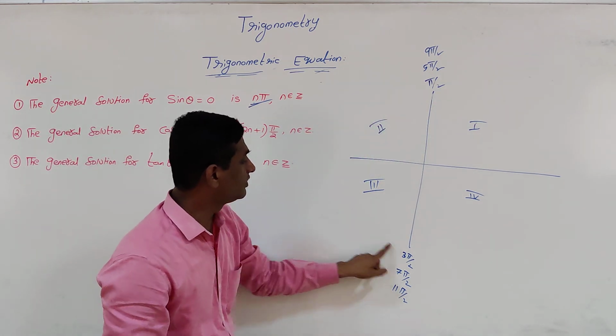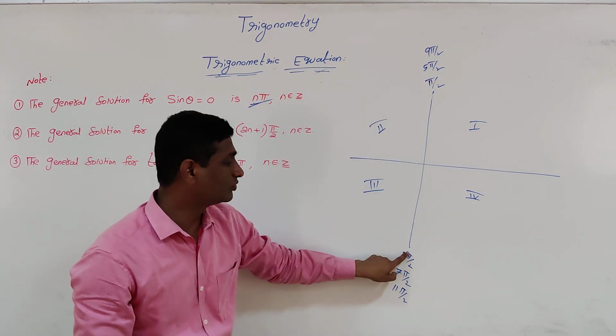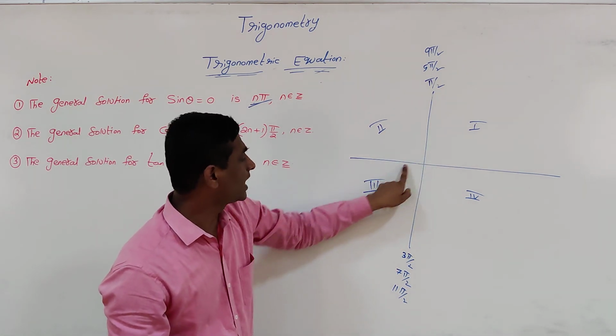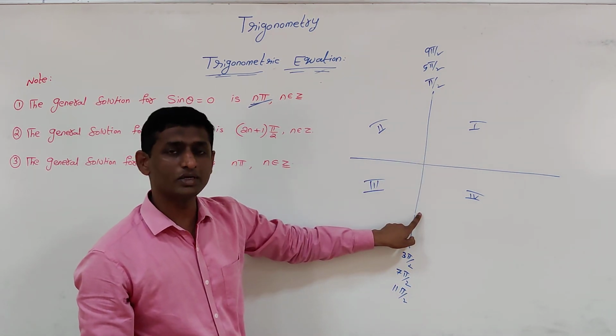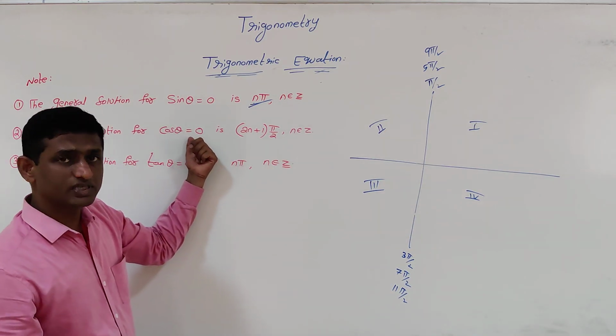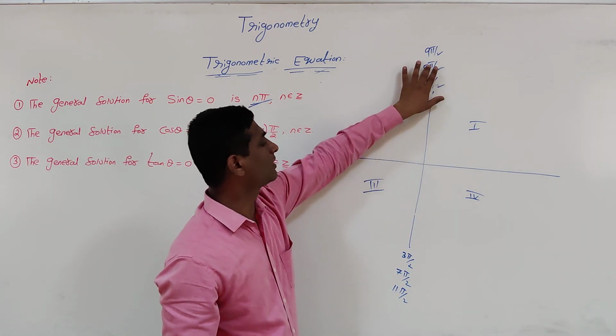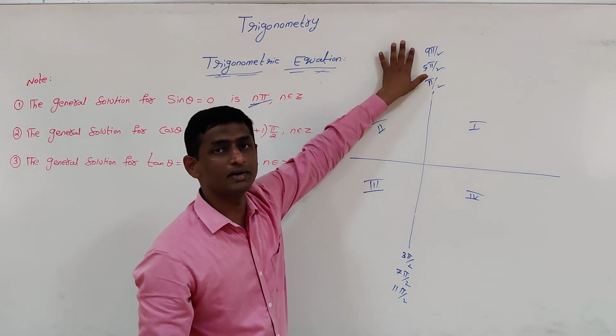Similarly, if we go on the negative y-axis, what is the angle here? 270, 3 pi by 2. If you substitute cos 3 pi by 2, you will get 0. Not only 3 pi by 2, we can have 5 pi by 2, 7 pi by 2, 9 pi by 2, 11 pi by 2.